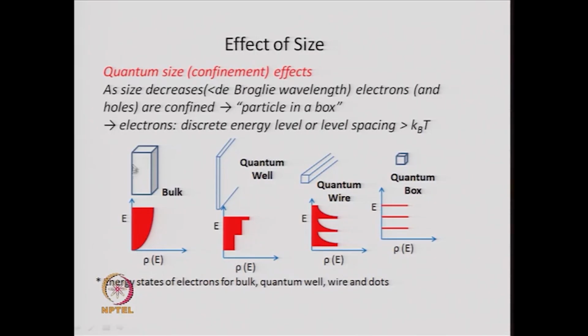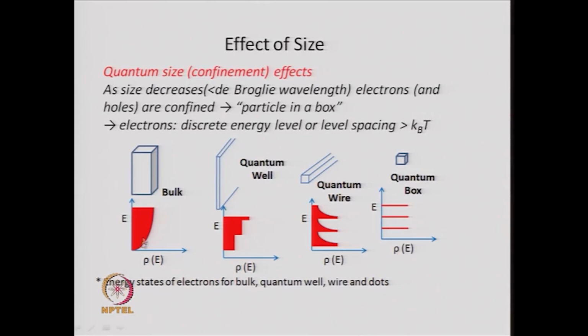So, if you see for a bulk object, the rho of E or the density varies in this manner. It is like a parabola where rho E is 0 at 0 energy, and the density increases till a certain value of energy, and after that the line stops. That means, there are no states above this value.